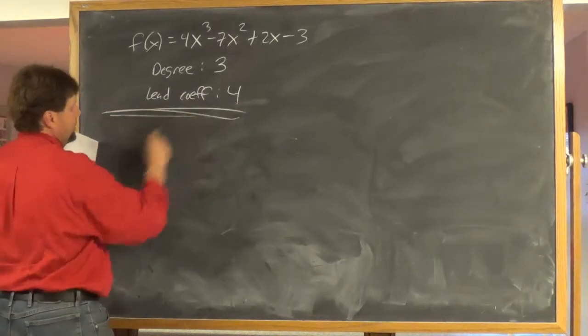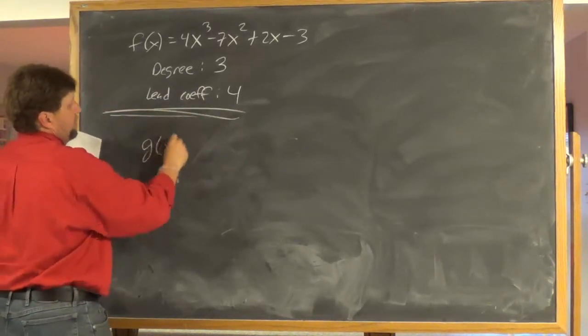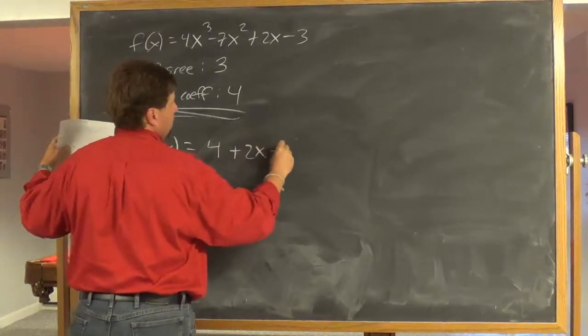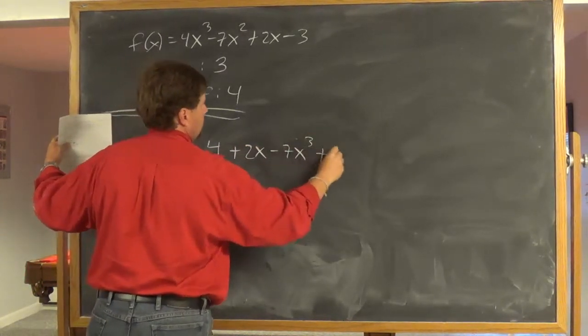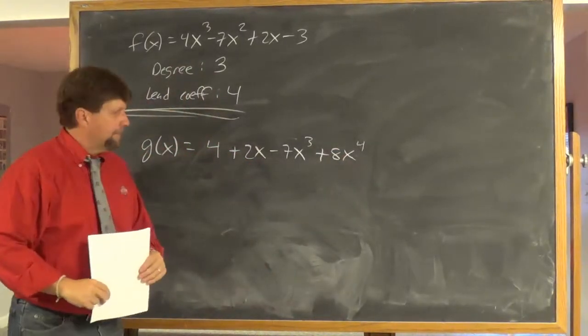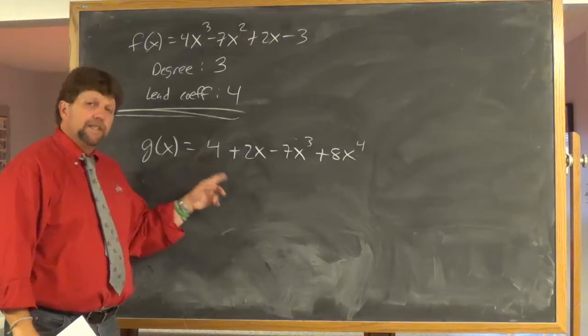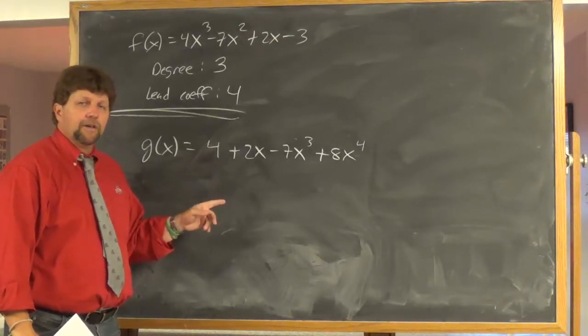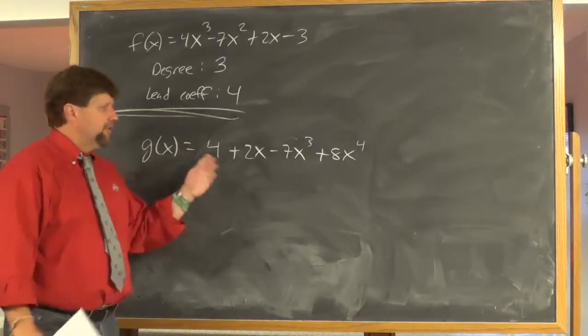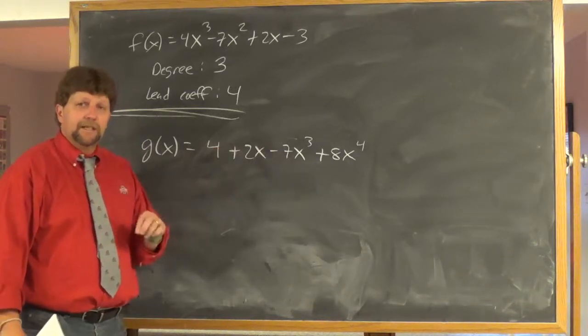So if you see, let me write up another polynomial. You see something like that. This polynomial is not written in descending order. But you should be able to look at it, and you could do one of two things. You could rewrite it so it is in descending order.